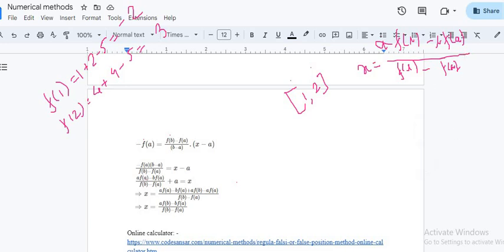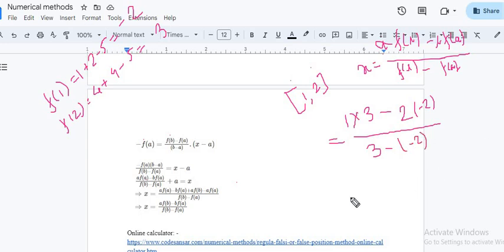Now put these values into this equation. So x is, a is 1 into f of b. f of b means f of 2 in this case. This is 3, minus b, where b is 2, and f of a which is minus 2, divided by f(b) minus f(a). So what is f(b)? Minus of minus.